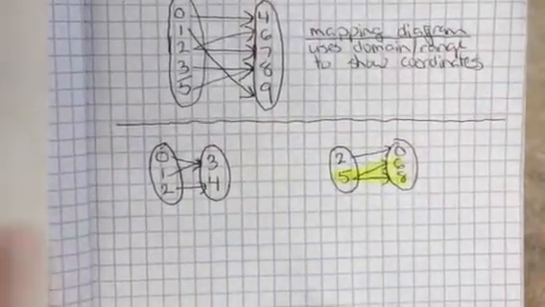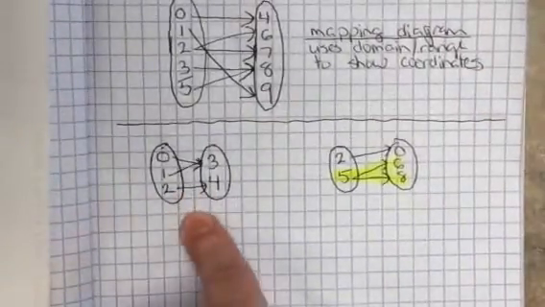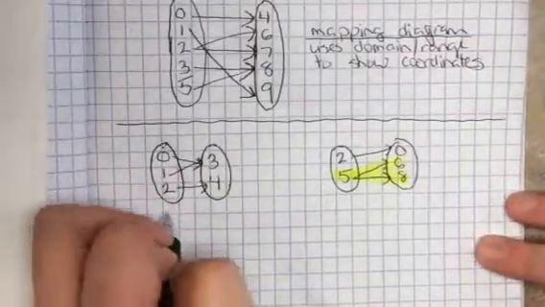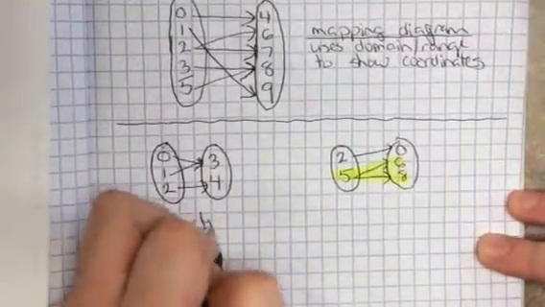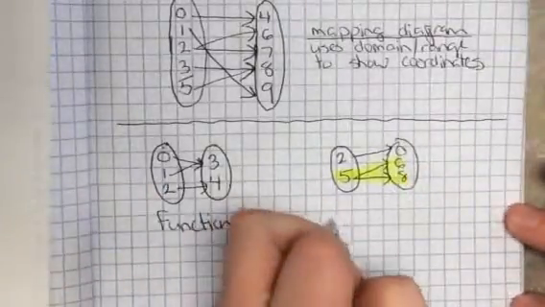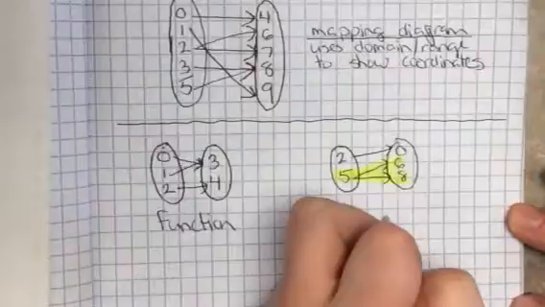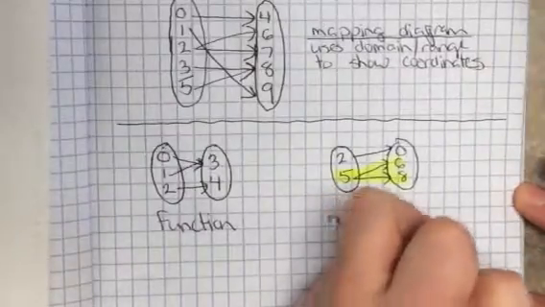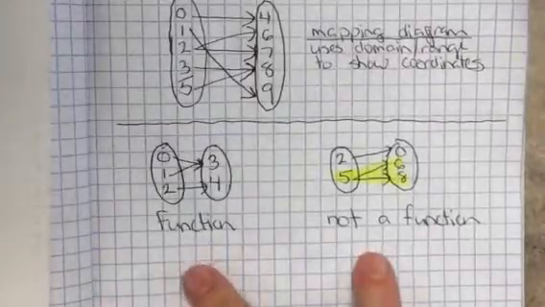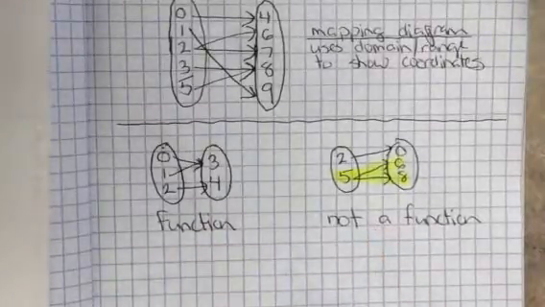In math, we would say that these coordinates are a function. And these coordinates are not a function. So what a function is, it deals with the relationship between coordinates.